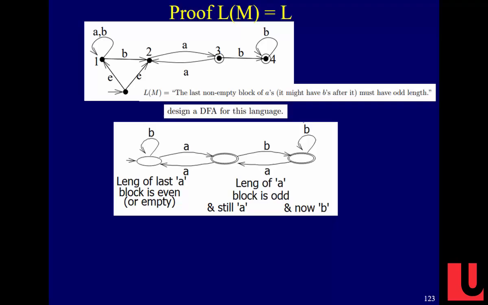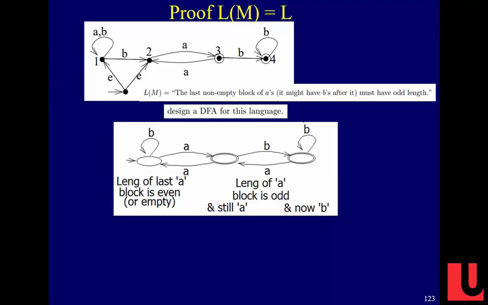It ends with A's. So you got a bunch of things. And, in fact, what's before could either be a B or nothing. And then you have an even number of A's. An odd number of A's, right, which means it's not 0.